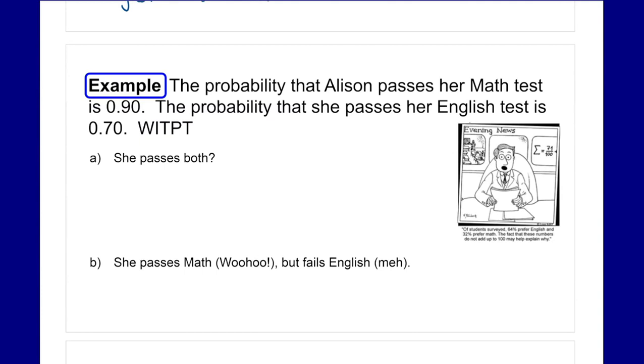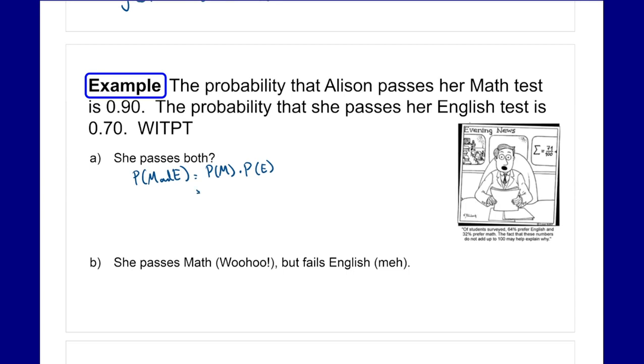So the probability that Allison passes her math test is 0.9 or 90%. The probability that she passes her English test is 0.7. What is the probability that she passes both? So this means the probability of passing math and English. This works out to, again, the probability of math times the probability of English, of passing both of them.